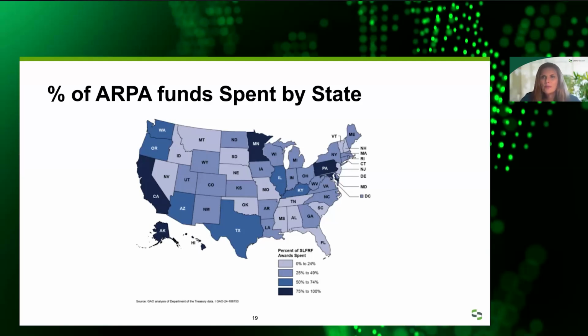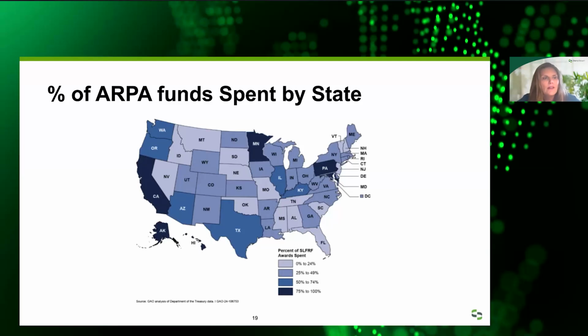ARPA was all new, well, I shouldn't say unexpected, but it was one of those things where you might have had a list in your organization of all these ideal projects you wanted to complete in the perfect world. And then this money came out and you were able to access and do a lot of those programs that you were not necessarily expecting to do all at once. You were going to fit into it.